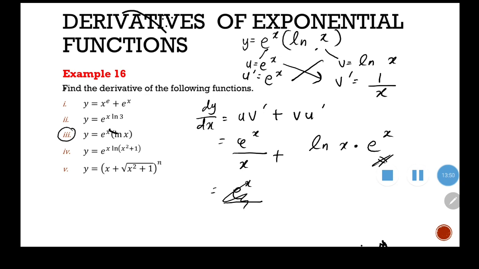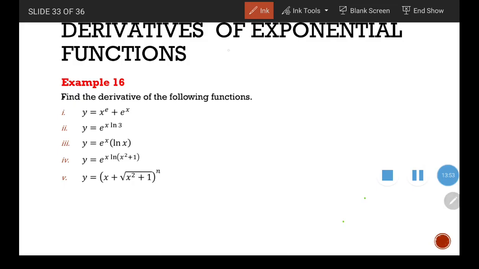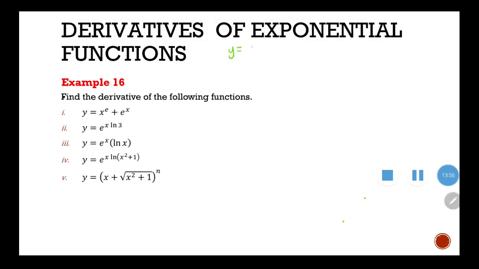Now we're going to solve question number 4. Question number 4 is y equals e to the power of x ln(x square plus 1).